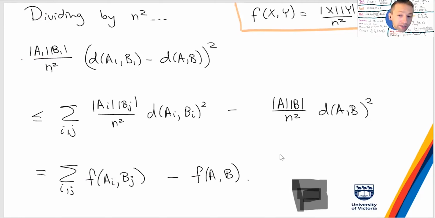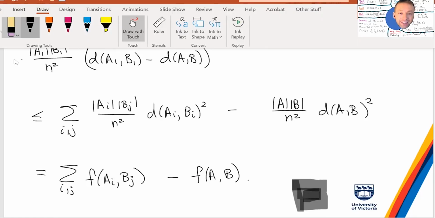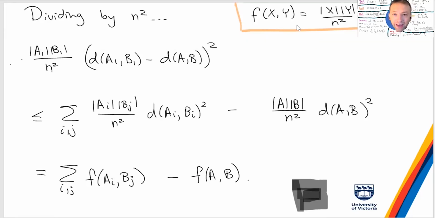And now we've actually just got a formula. Everything that's sitting here is exactly my f(X,Y), because for any sets X and Y, f(X,Y) is just equal to this.